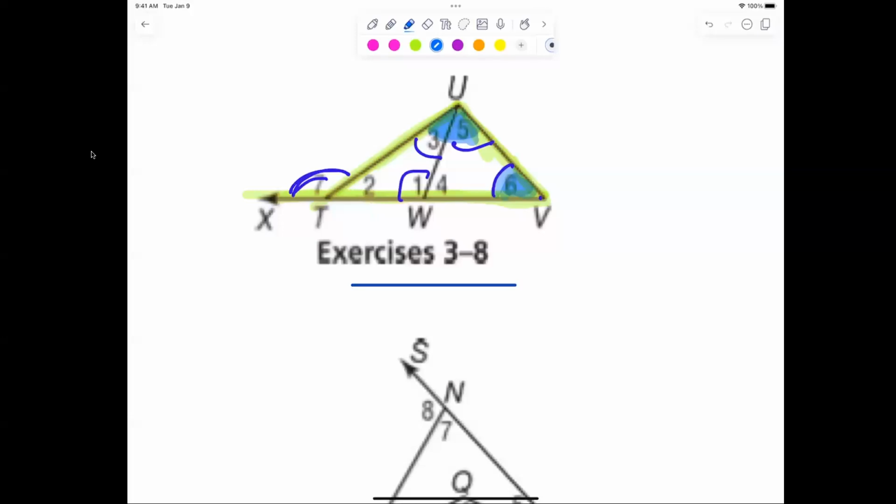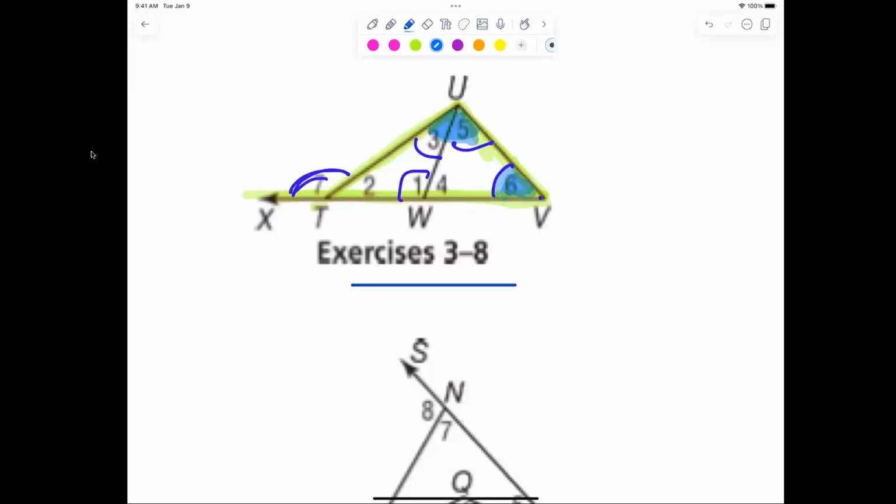Is TUV a remote interior angle to 7? Yes, therefore 7 is greater than TUV. I said the sum is always greater than the parts. So can we say for certain that angle 5 is less than angle 7? Yes, for certain we can.